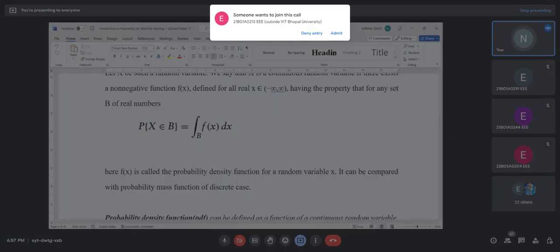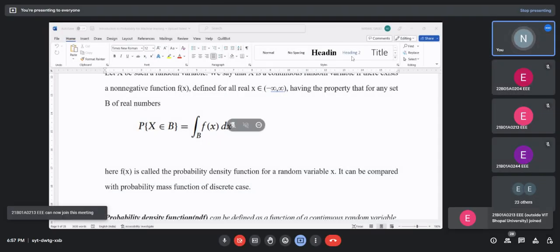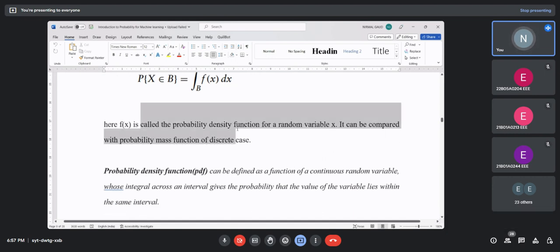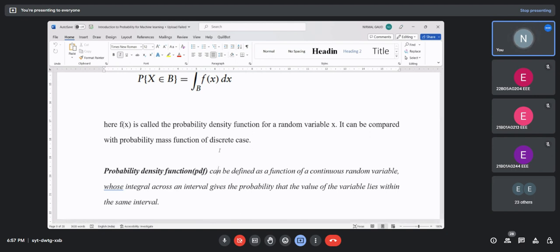As per the formula of integration, the result which I'm going to get here is the integration from a to b of f of x dx, where f of x is the probability density function for a random variable. It is compared with the probability mass function in case of discrete. In case of discrete, as I already discussed above, we have the probability mass function.